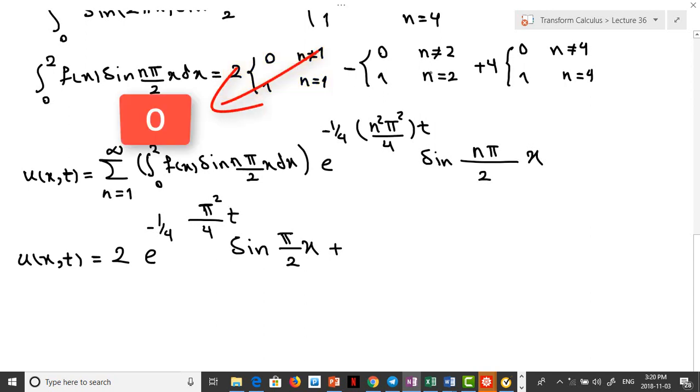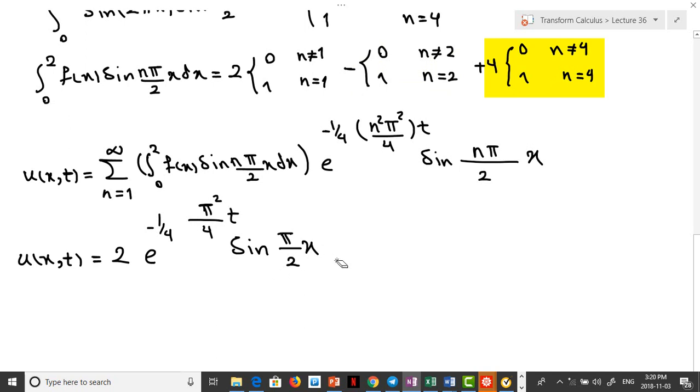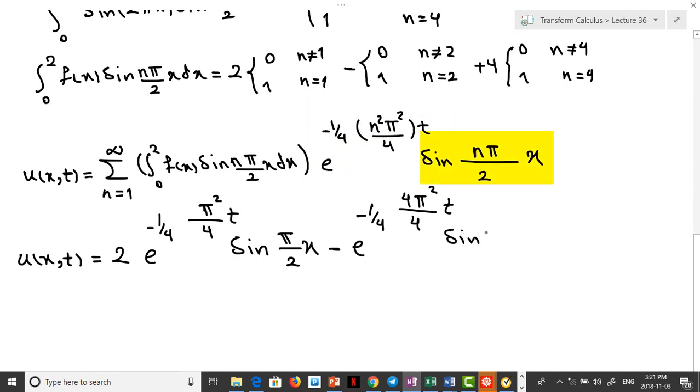So here we have n equal to 2, we have minus 1, and in the third part, since n is equal to 2, the third one is equal to 0, so it means that it's minus 1, times e to the power of minus 1/4, n is 2, so 2 squared is 4, π squared divided by 4 times t, sin, n is equal to 2, so we have 2πx over 2.